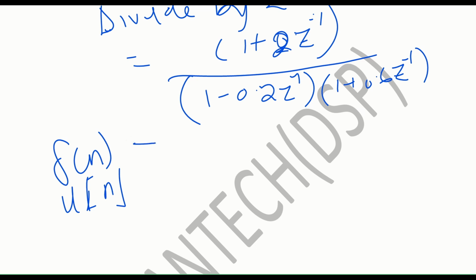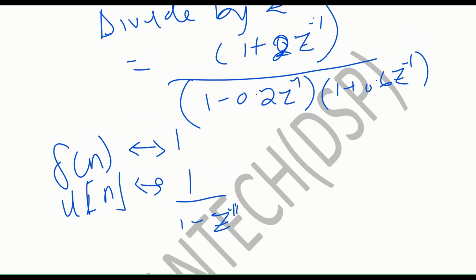We know that the Z transform of delta of n is 1. For u of n, most books give it as 1 over 1 minus z^-1. So we have to express this in a form which we can handle.